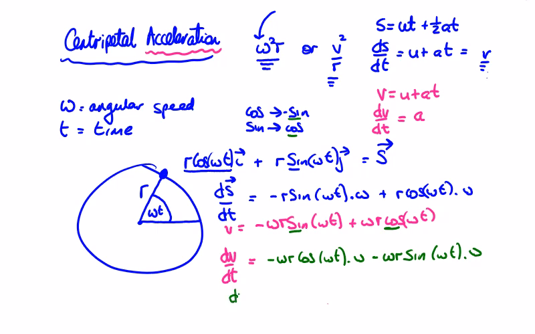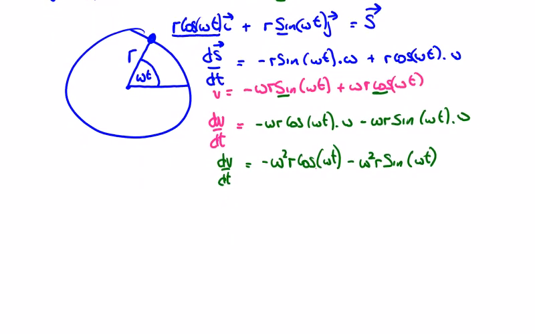So dv dt becomes minus w squared r cos wt minus w squared r sine wt.